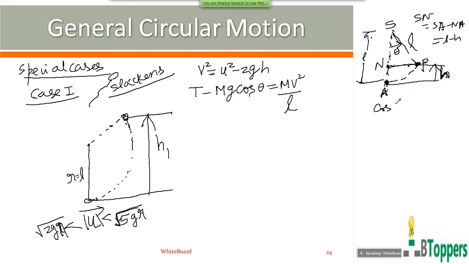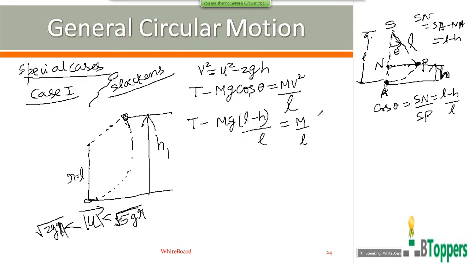So cos theta you can write in this right triangle SNP as SN by SP, that is L minus h by L. So you can substitute here T minus mg into L minus h by L, and V square you can write as U square minus 2gh.